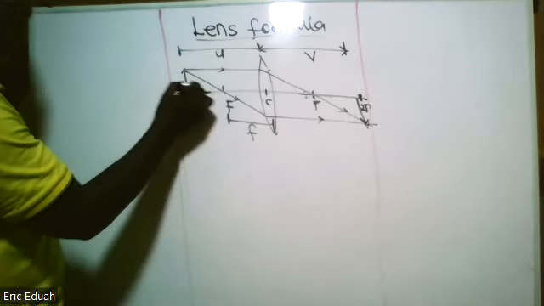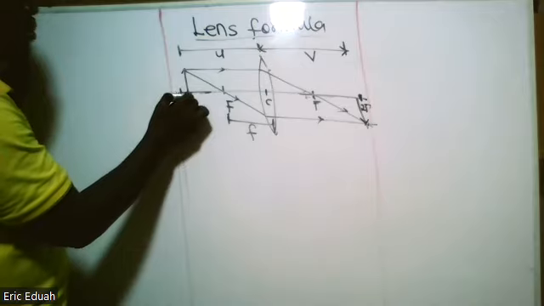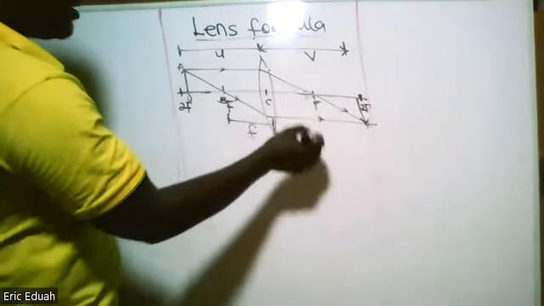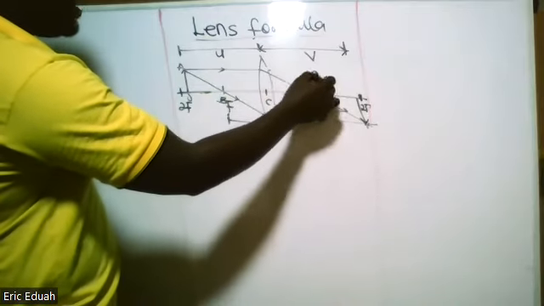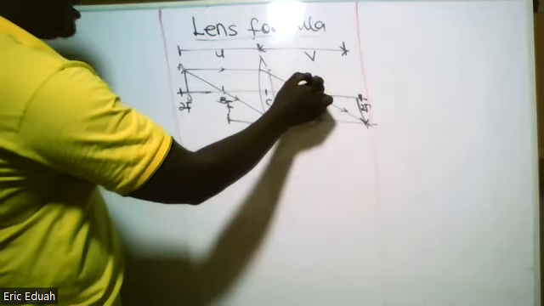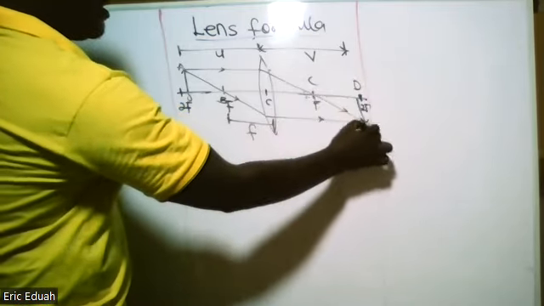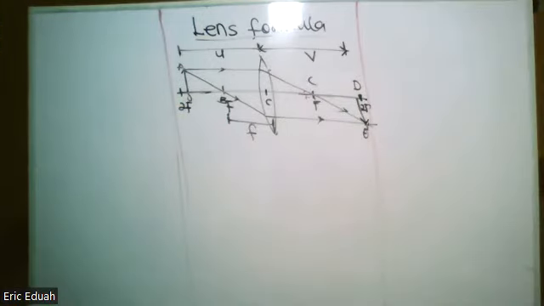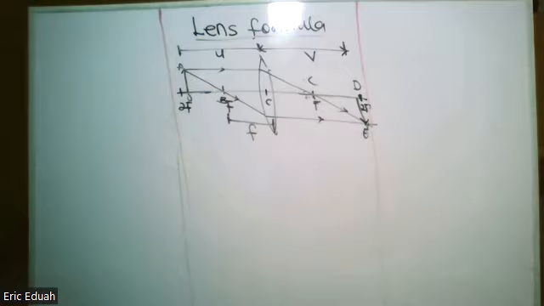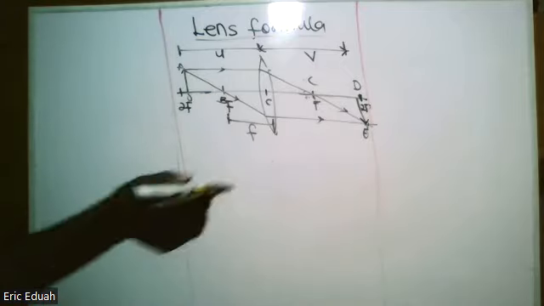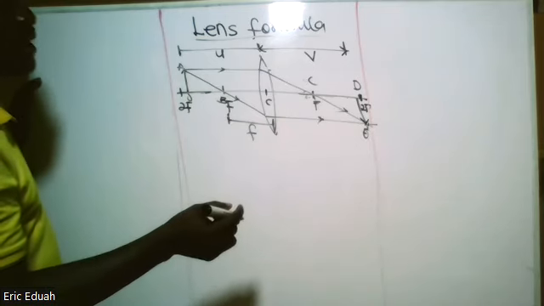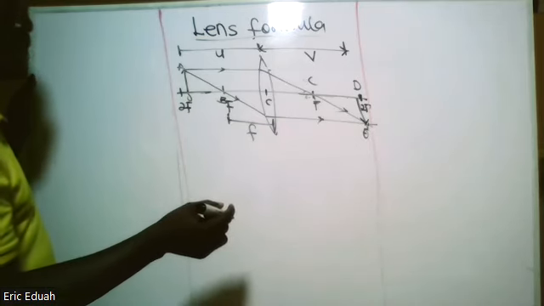Triangle, maybe OAB, and if we name the other, maybe CDE, equivalent triangles, to prove the lens formula, which we are not going to prove because this is something we've done and we are not going to waste time on it.